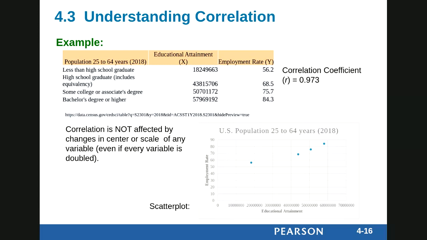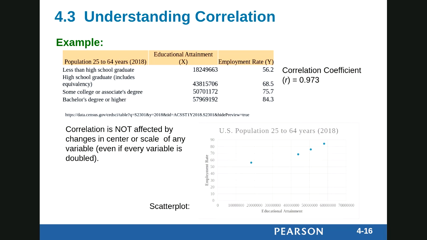Okay, so this is what I just did. And then these are the results. So we have correlation and we have the scatter plot. So I said that one of the properties of correlation is that the value should be between +1 and -1. So that's right. R is equal to 0.973.